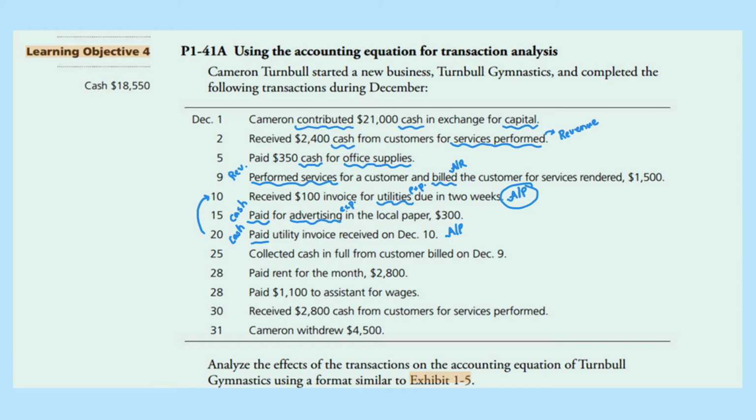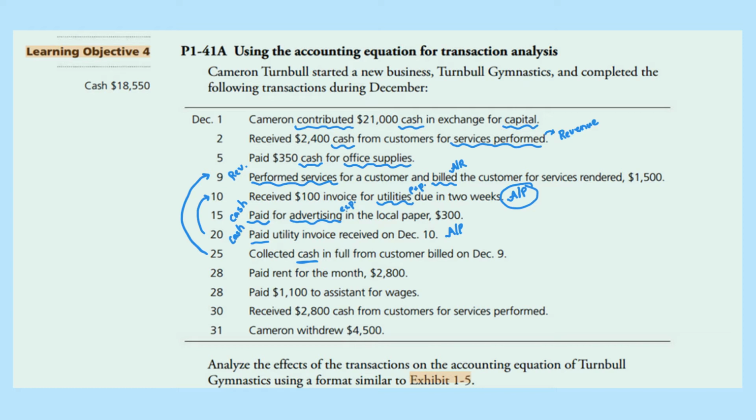On December 25th, collected cash in full from customer billed on December 9th. So collected cash, so my cash increased. From customer billed on December 9th. So let's go back to December 9th. On December 9th, performed services for a customer and billed the customer for services rendered.